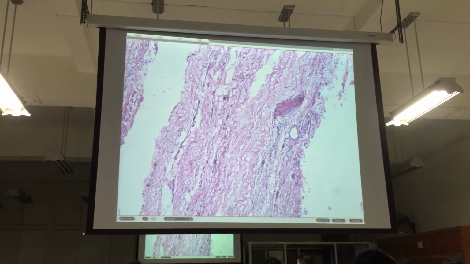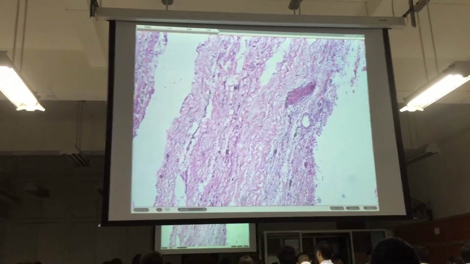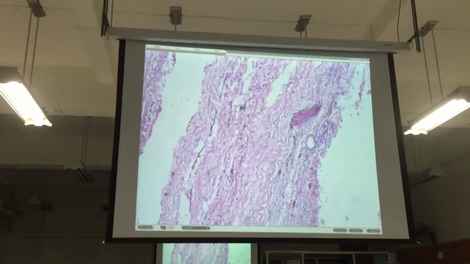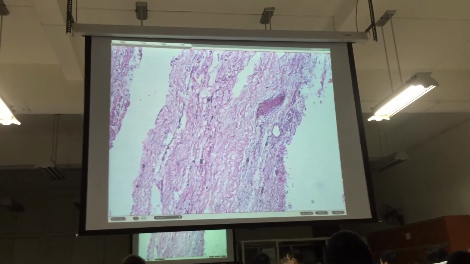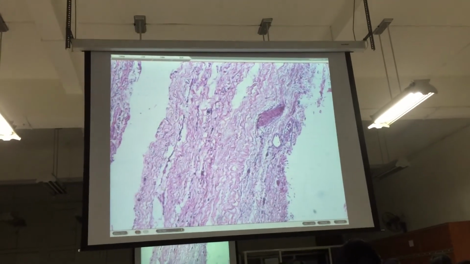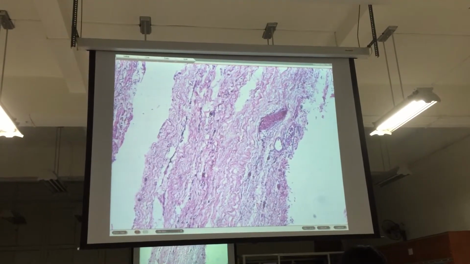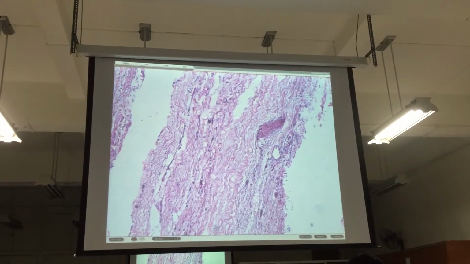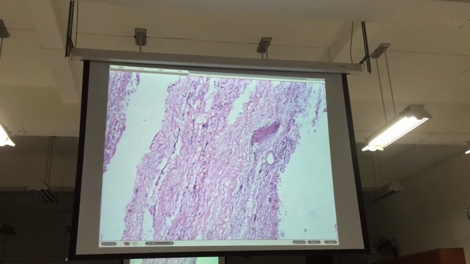Neural tissues, depending on the amount of these neural tissues. And also, if you see immature tissues like immature cartilage, okay, you call this immature teratoma. Okay? It is already leaning towards malignancy. Okay? Immature teratoma.